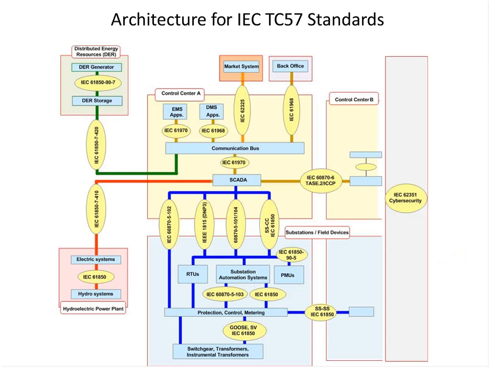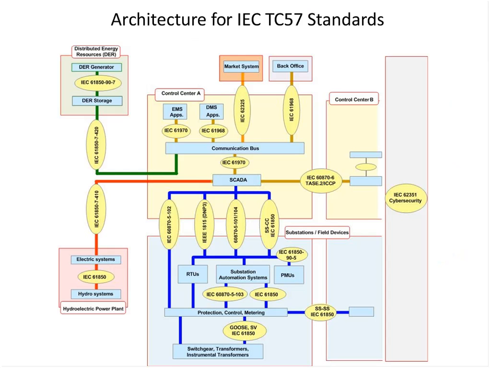Here is a representation with the architecture of a grid on where the various standards apply. And you can see this very nice layered picture that is showing you a typical substation, and there's the back-end systems, and then you have various systems that are connected to that substation.